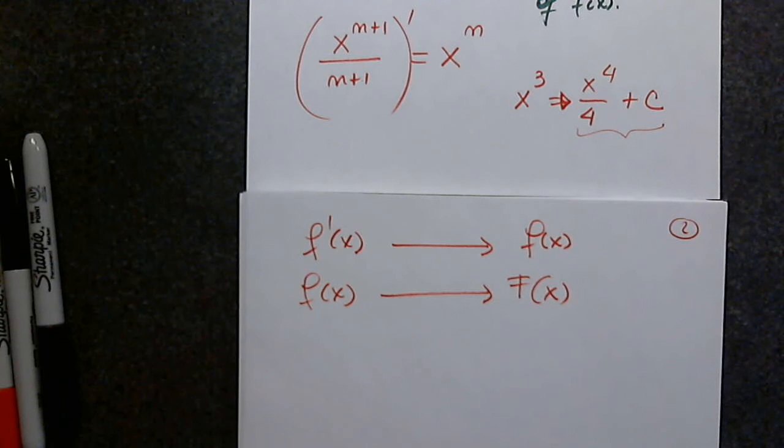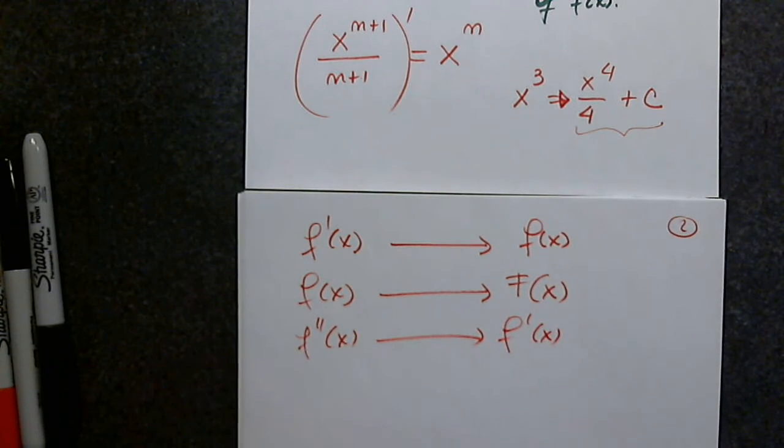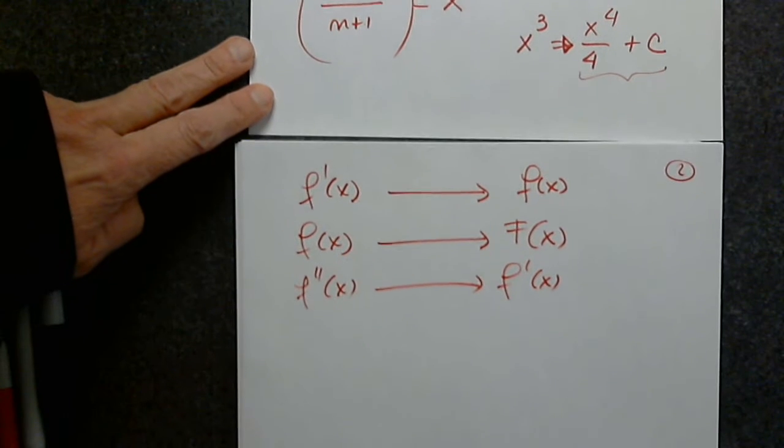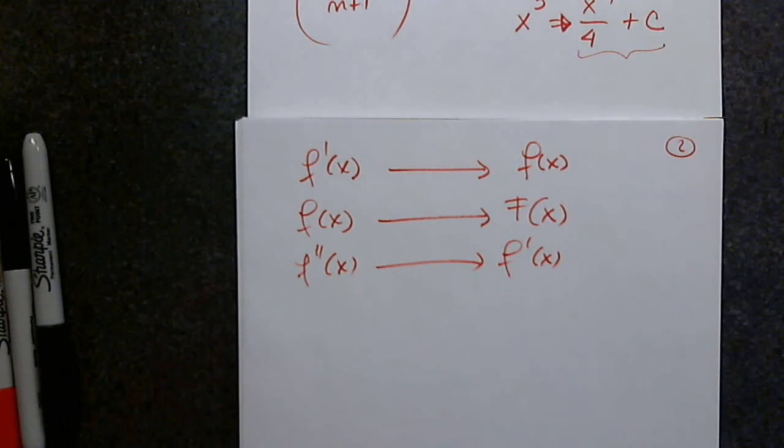And if I'm given the double prime, then I will determine f prime as the antiderivative. Very good.